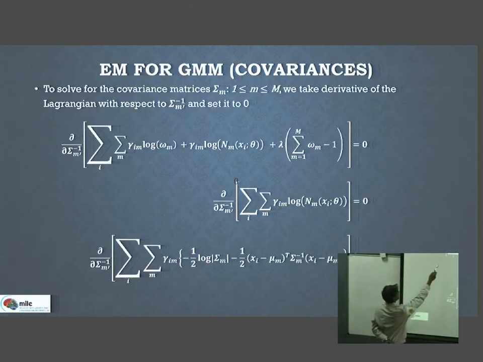We can take derivative with respect to sigma m itself, but when you take derivative with respect to sigma m, things will get a bit complicated. So if you take it with respect to sigma m inverse, then things will go a bit nicely. But it's up to you.